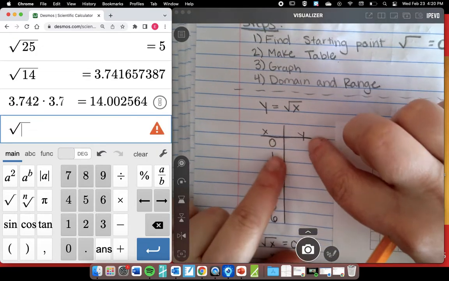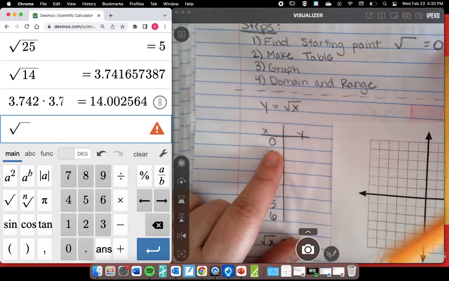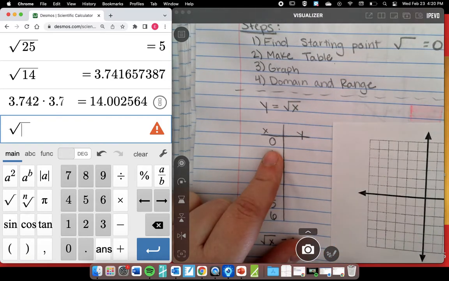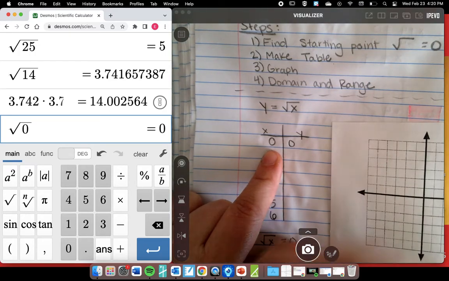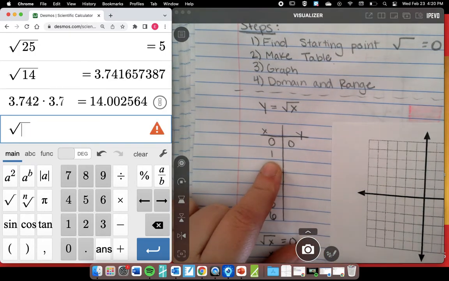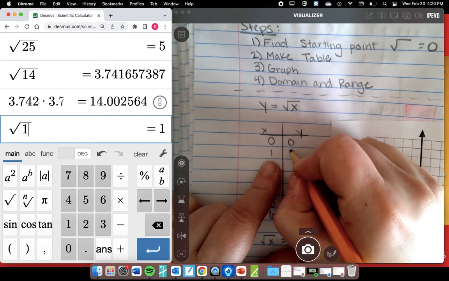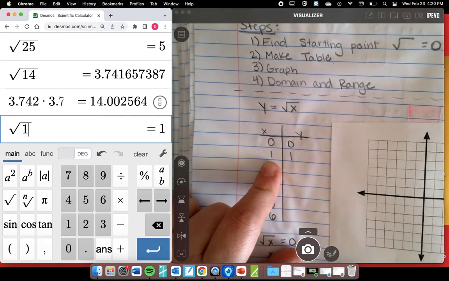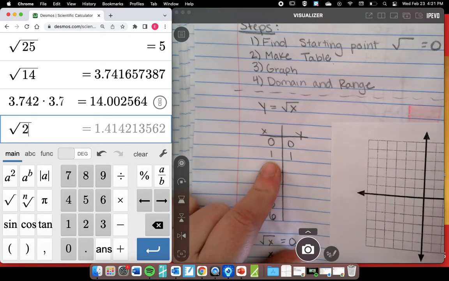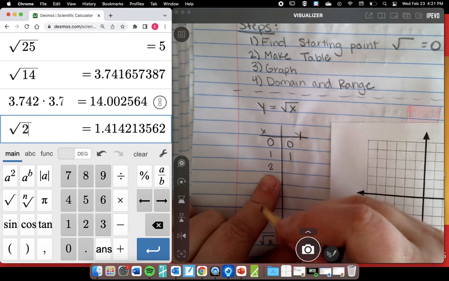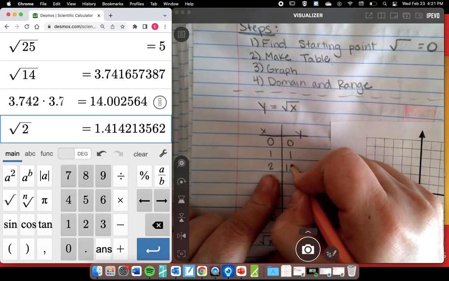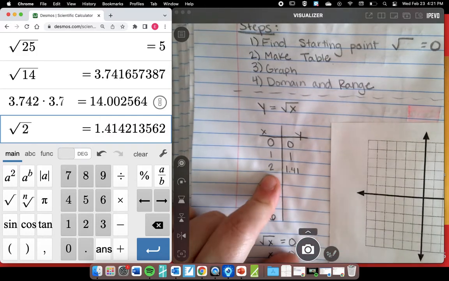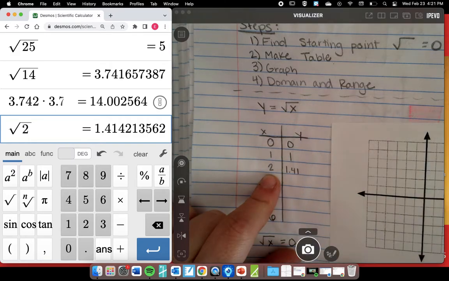In this problem we're doing the square root of x. My first x is 0, so the square root of 0 is 0. The square root of 1 is 1. The square root of 2 is 1.41, so not quite 1.5. It's okay for us to use decimals this time.